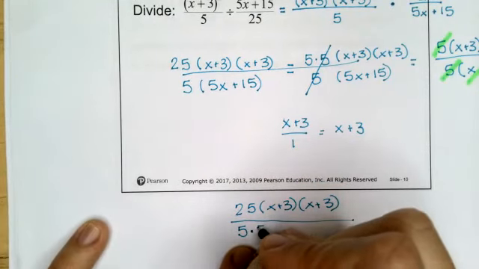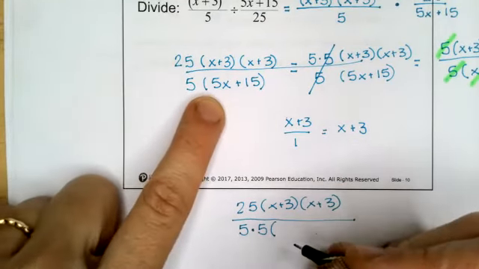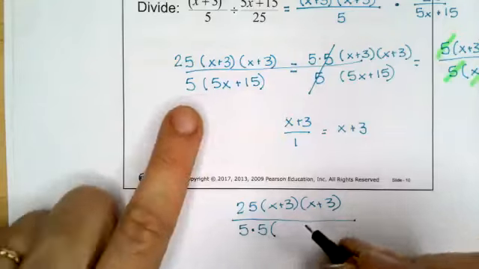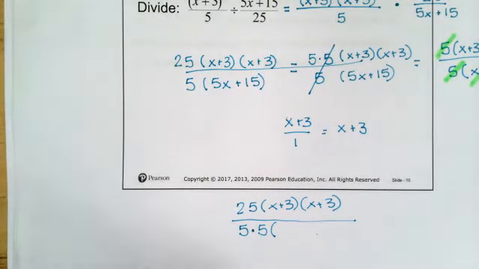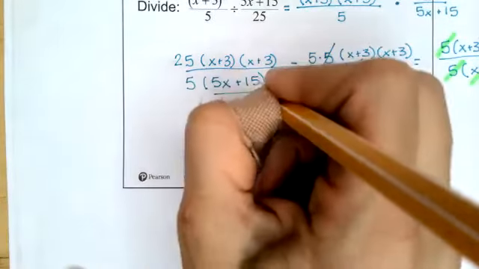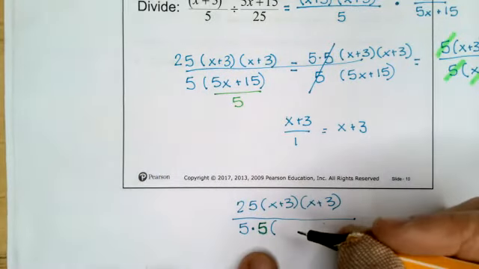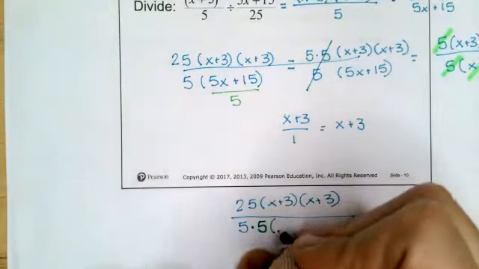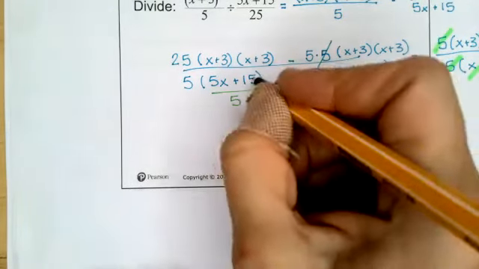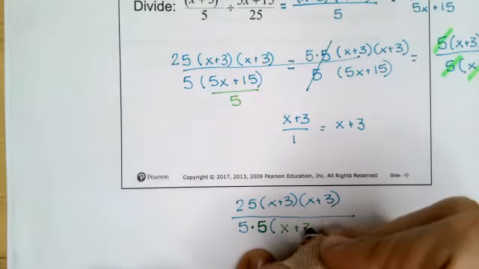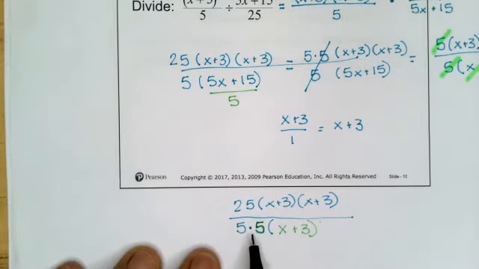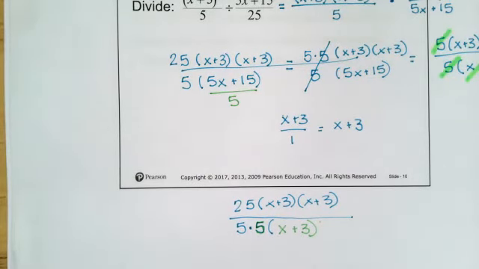So I'm going to divide out a 5 just to simplify it. 5x divided by 5 is x. 15 divided by 5 is 3. So now that's 5 times x plus 3 instead of 5x plus 15.